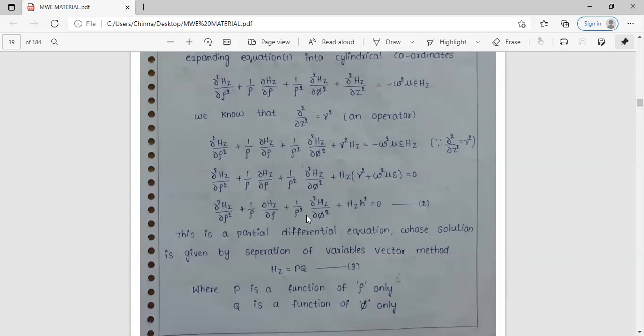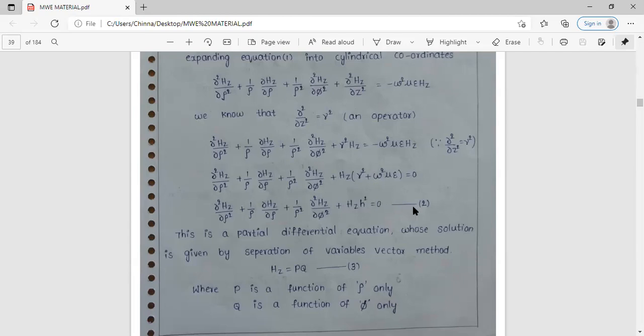We already know that small h square is equal to gamma square plus omega square mu epsilon. Substituting that value, finally we obtain Hz into small h square is equal to 0.